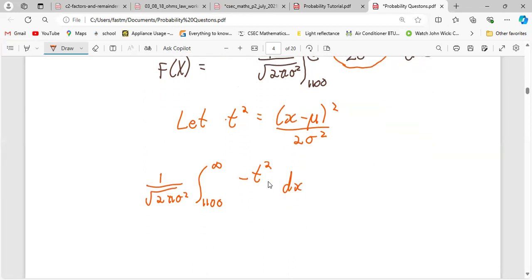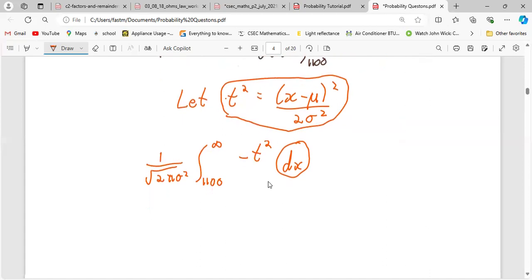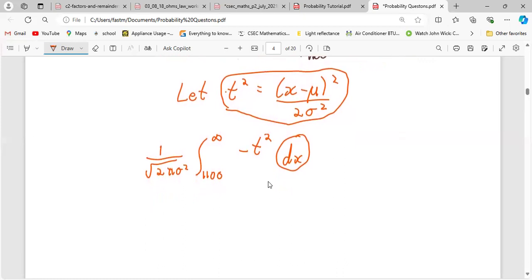So now you're noticing that we have t here, but we have a dx here. So we need to get it in terms of dt. All we need to do is use this equation here. This is where we'll get everything we need. So what we do is we make t the subject of the formula.